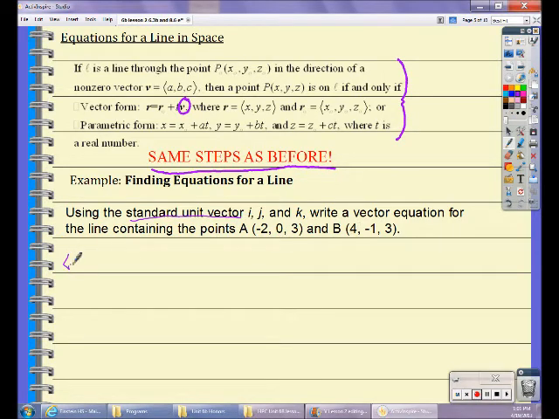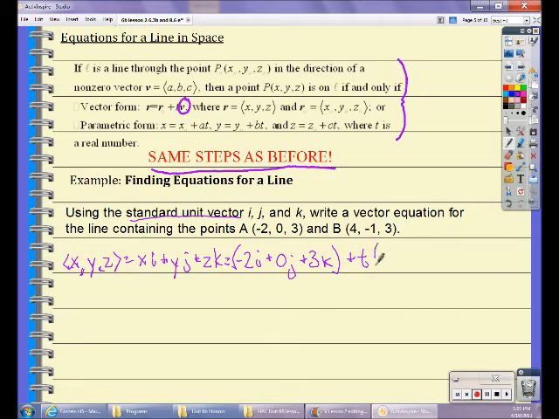So let us begin. Instead of x, y, and z, we're going to have xi vectors plus yj vectors plus zk vectors. Our initial vector is going to be written as negative 2i plus 0j plus 3k. Note this could have been skipped, but I don't because I don't want to accidentally skip anything. Parentheses, not pointy brackets, because it's just like a normal equation.